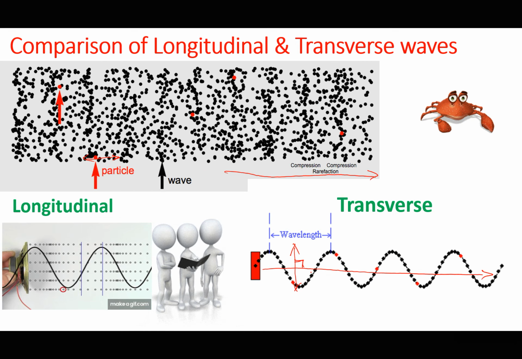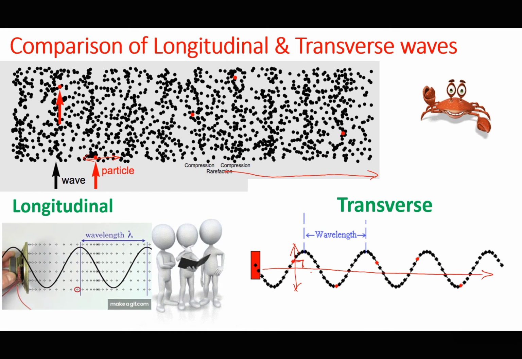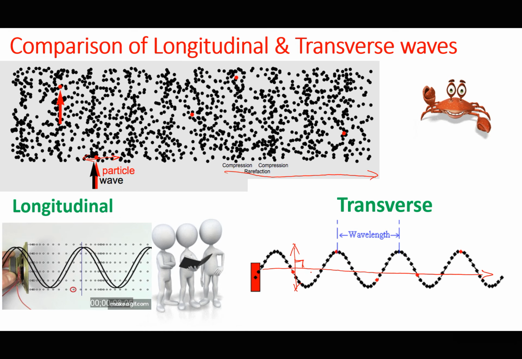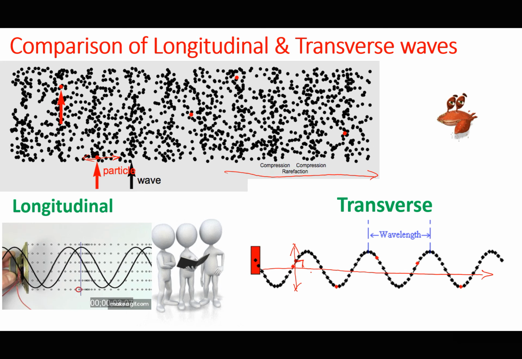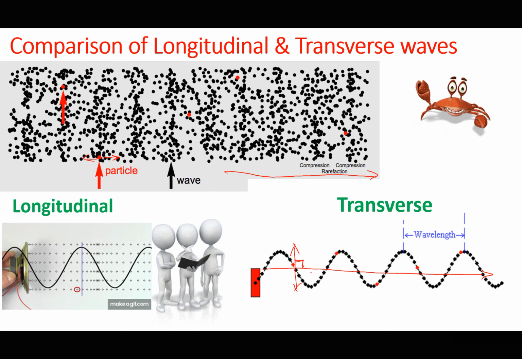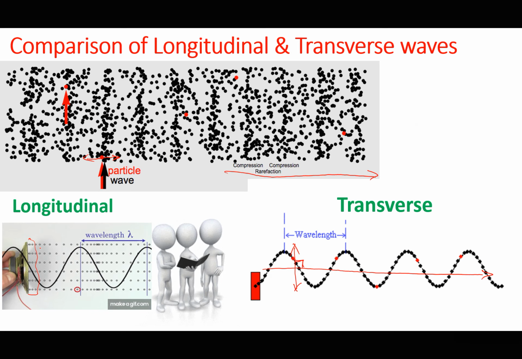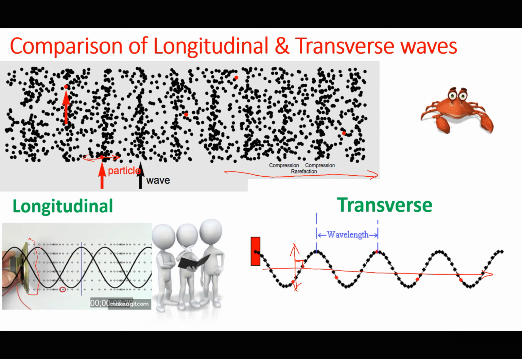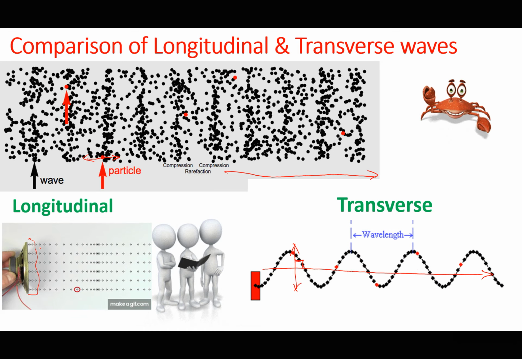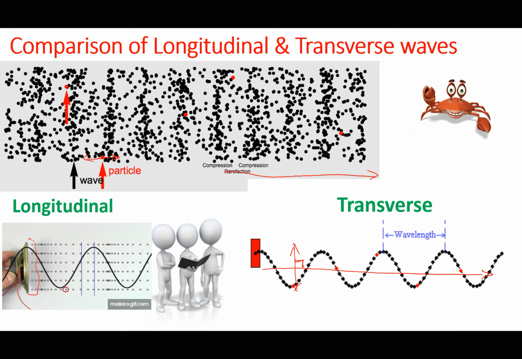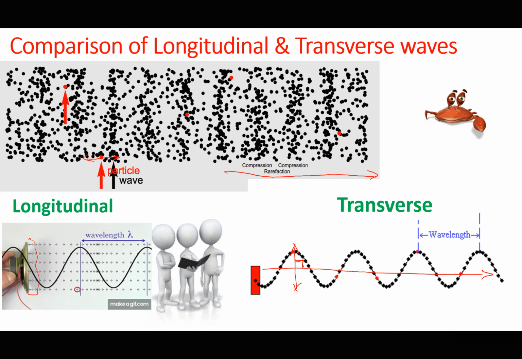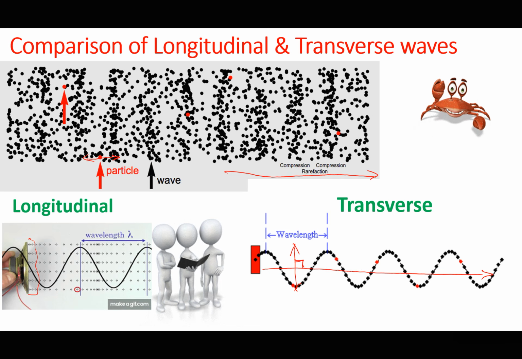Here I gave an animation using a loudspeaker as one example of a source of longitudinal waves. Of course, the loudspeaker has a cone which makes the air around the loudspeaker vibrate, causing the air particles to move back and forth, because the cone of the loudspeaker moves in and out of the loudspeaker.